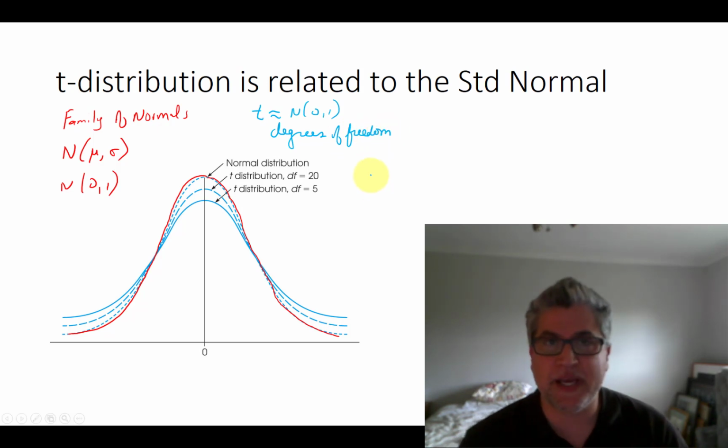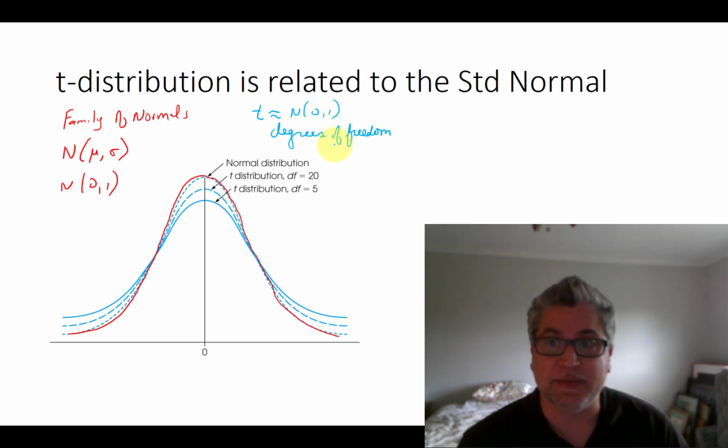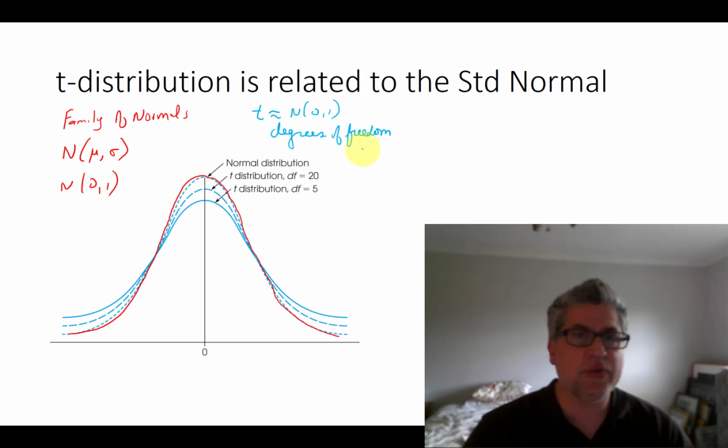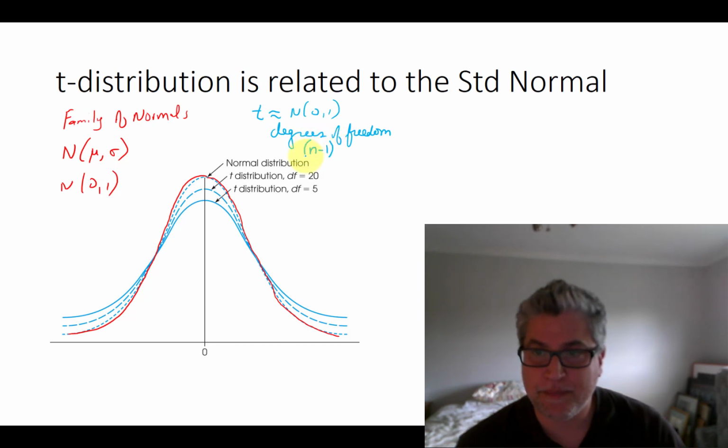I won't explain in this presentation what degrees of freedom means, but there'll be another video explaining degrees of freedom. For now, just know that it's a parameter, just like mu and sigma, and it's defined in this context to be equal to the sample size minus 1.